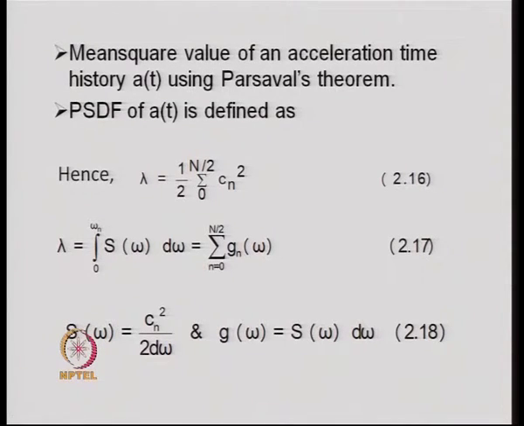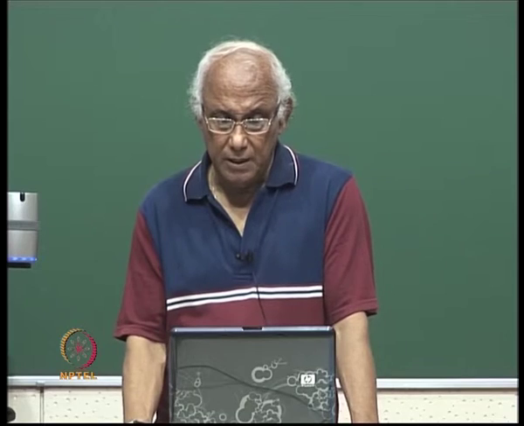Now, instead of the Fourier series analysis, if we carry out the FFT analysis, then from the FFT we get the amplitude at different frequencies, that is what we had shown before. Those amplitude squares are taken from 0 frequency to N by 2, that is, the first N by 2 plus 1 values of the FFT that we consider to obtain the value of C_n square.